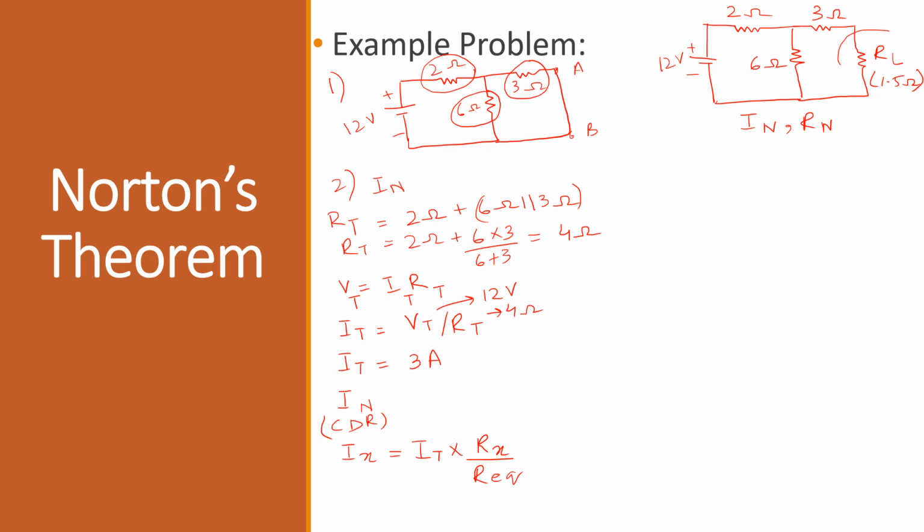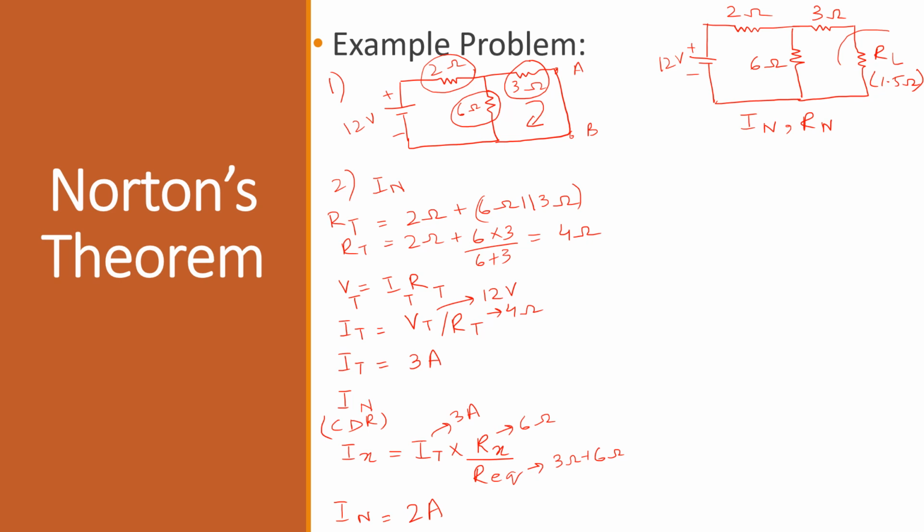Here, as we know that the Norton current is flowing in this loop, this Rx will be 6 ohms, this IT is 3 ampere that you have just calculated, and this R equivalent will be 3 ohms plus 6 ohms, because in this loop these two resistors are in series. Therefore your IN will be 2 amperes. After solving this you will get 2 amperes.